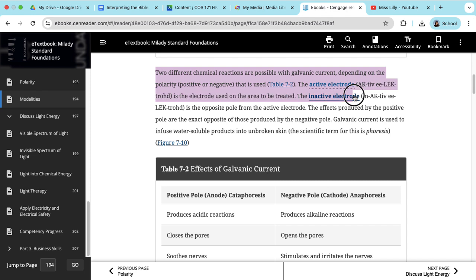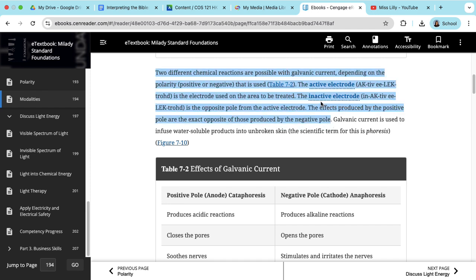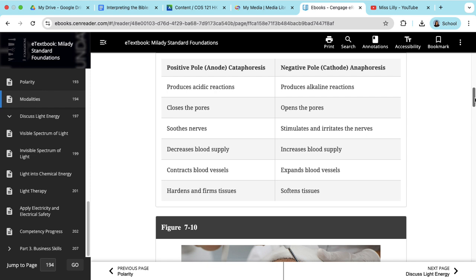It is the electrode used on the area to be treated. The inactive electrode is the opposite pole from the active electrode. The effects produced by the positive pole are the exact opposite of those produced by the negative pole. In this little table, we have positive pole anode, that is cataphoresis, and negative pole cathode, that is anaphoresis.